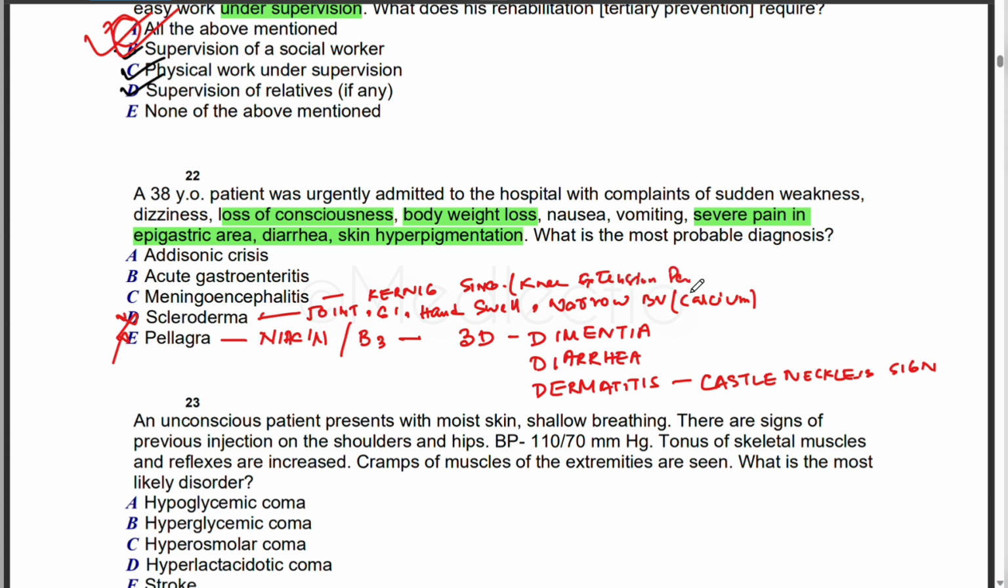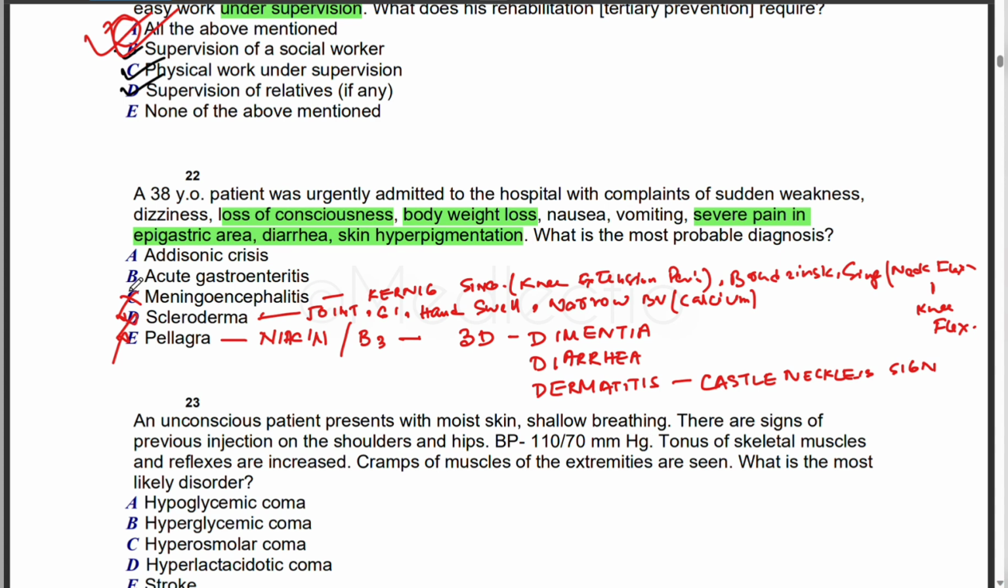Then there is also the Brudzinski sign, that is neck flexion leads to knee flexion. We can discuss this topic separately in another video. If you want, you can comment or email me.